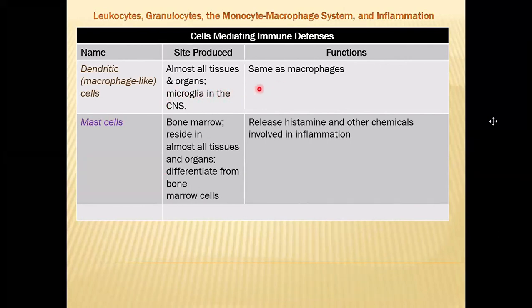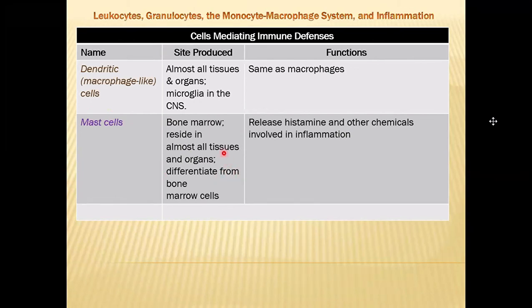Their function is the same as macrophage, but their phagocytic capacity is much bigger. We said in that slide on phagocytosis that the neutrophil can engulf 20, while the macrophage can engulf as much as 100, and this one more.